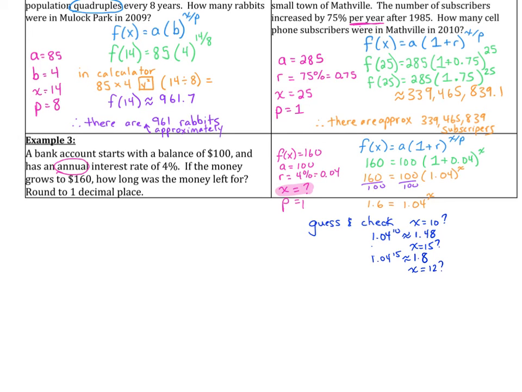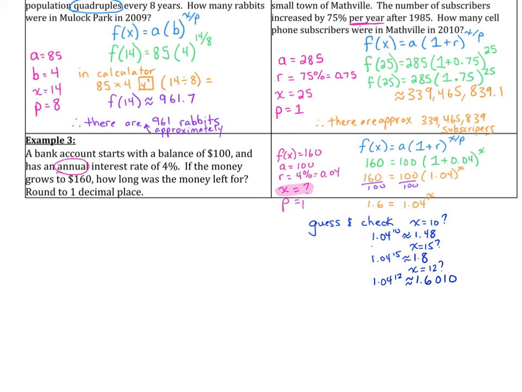So 1.04 to the exponent 12 is approximately 1.6. Now it does say to round to one decimal place. So this is 1.6010. Now that's pretty close.